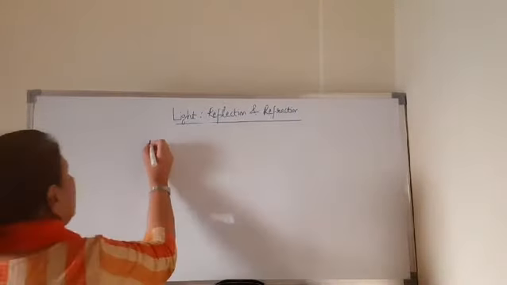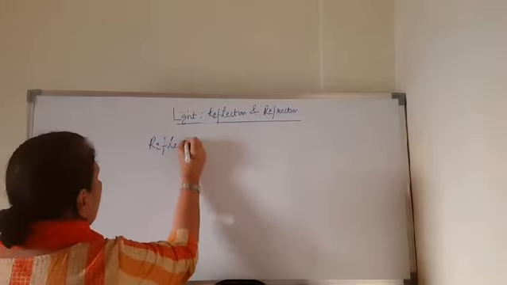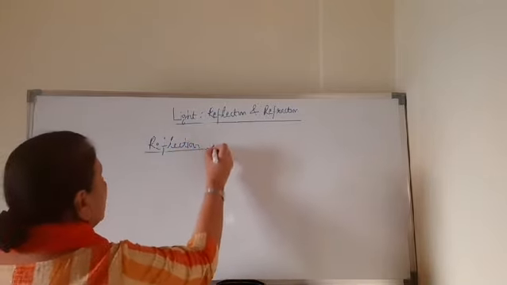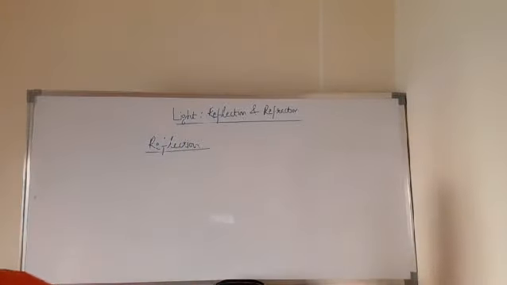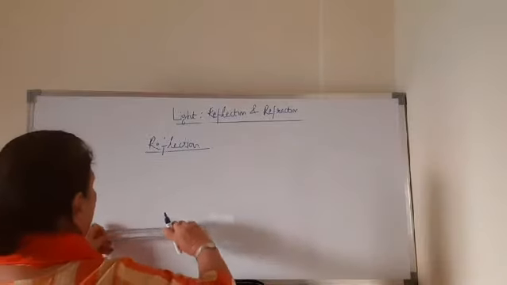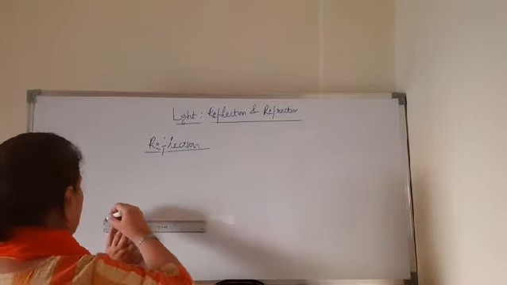We have already discussed reflection. Today we are going to talk about the laws of reflection. For that I'll explain with an activity which you have done in lower classes.